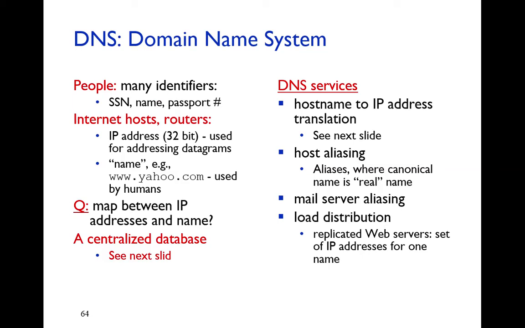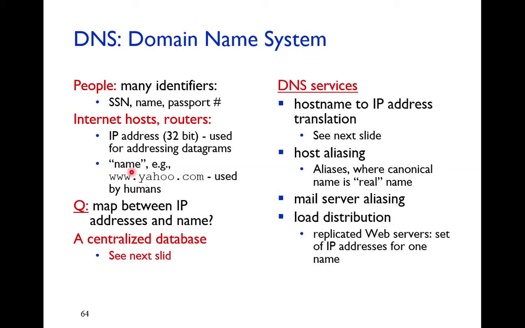Similarly, in the internet, hosts and routers have IP addresses, which are numeric 32-bit values, and they also have names. The internet applications use IP addresses to identify hosts and routers, but the host also has a name.